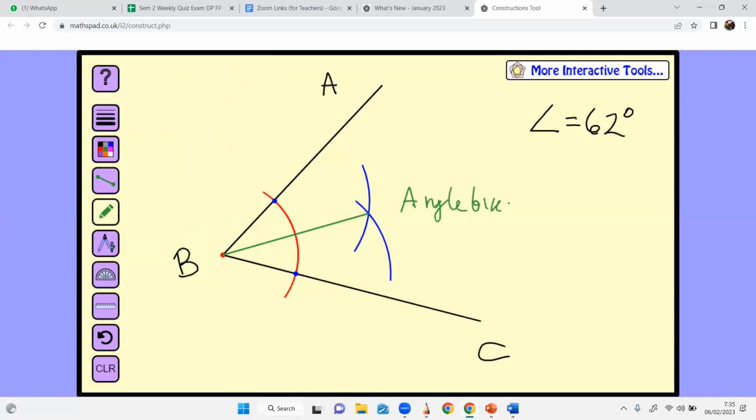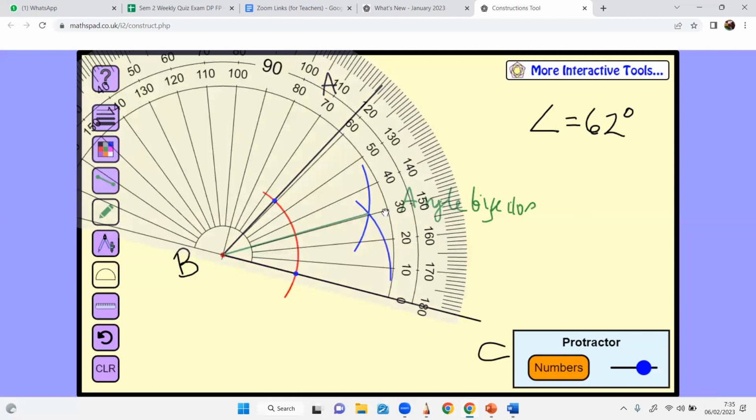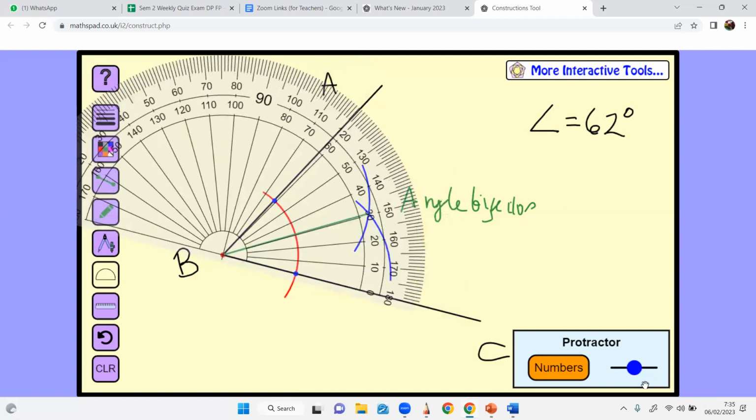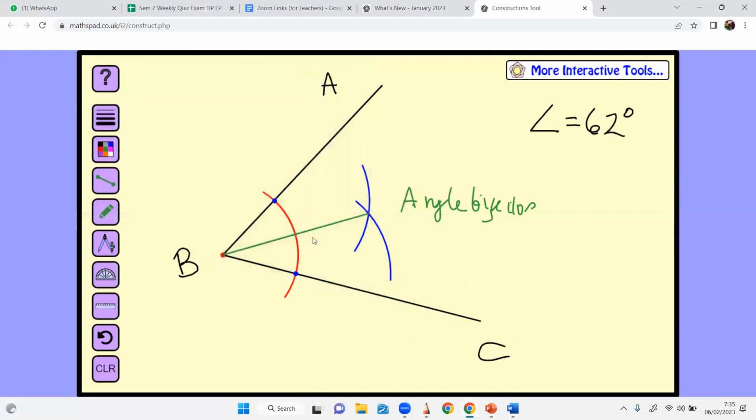Let's check. Is it 31 degree? Check it, guys. Is it 31? Oh yeah, sure. See, 31. Get the idea, guys? So 31 degree. There you go, write down 31 degree.